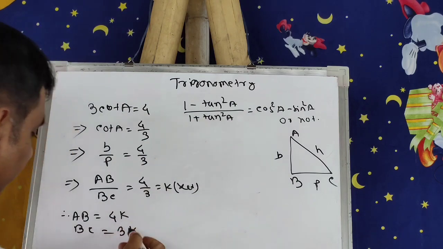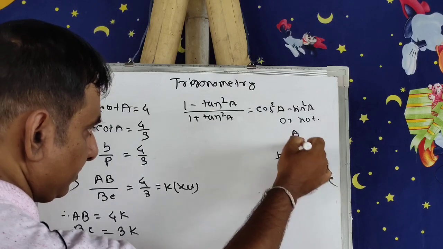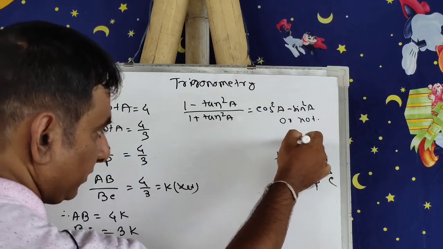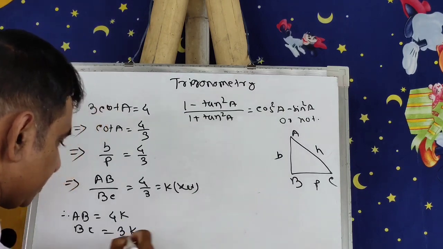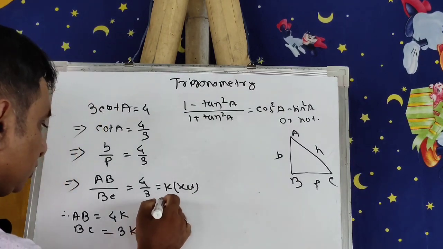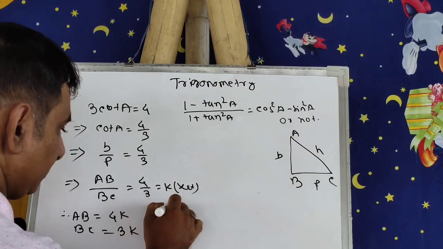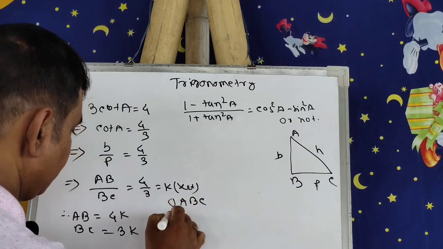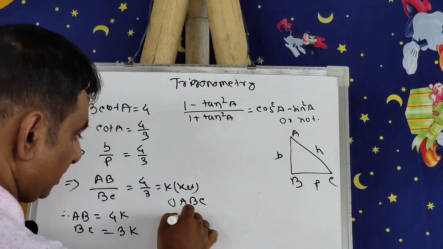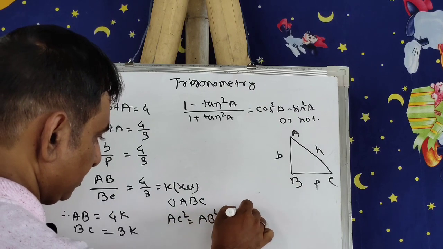Now you need to find out the other side. You have calculated AB and BC, but you need to find out the value of AC also. You do that by the Pythagoras theorem. From the triangle ABC, AC square is equal to AB square plus BC square.